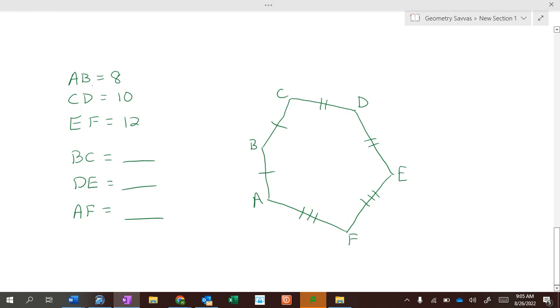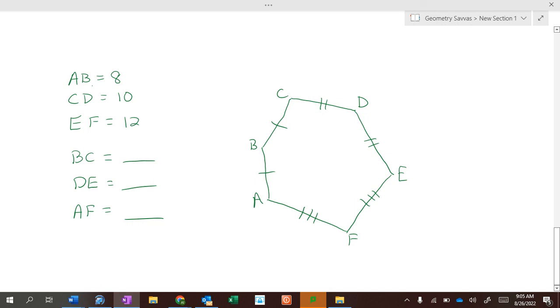Okay? Tick marks. Gotta know what tick marks are. If there's one tick mark, what do we know that it is? It is congruent to what? One tick mark. 2 tick marks are congruent to 2 tick marks. 3 tick marks are congruent to 3 tick marks.